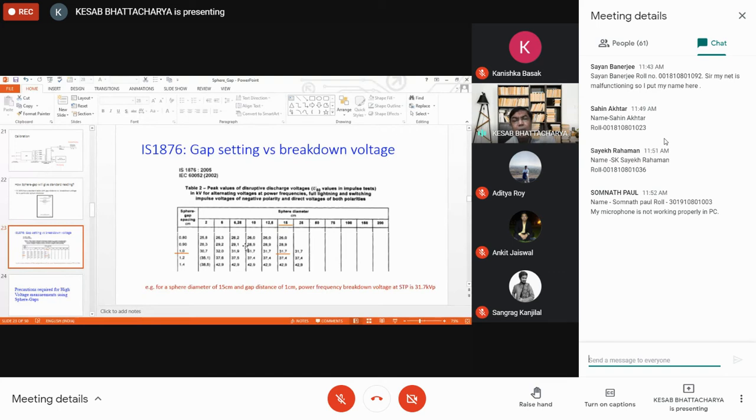Some values are normally written, but some values have been put within brackets. As mentioned in the IS, these values have an accuracy of within plus minus 3%, provided the gap distance is less than or equal to 0.5 D. Up to that, the values mentioned in the tables have plus minus 3% accuracy.